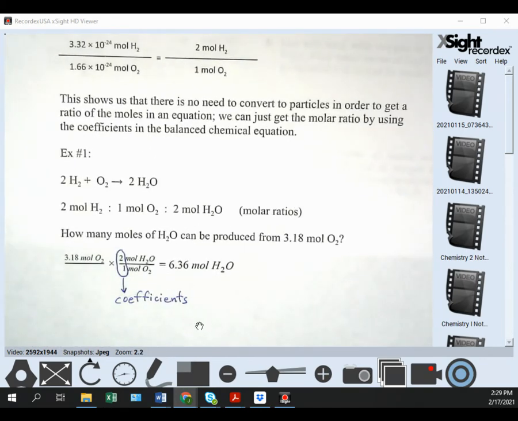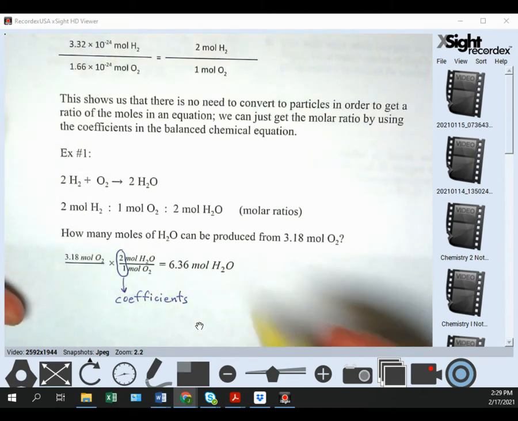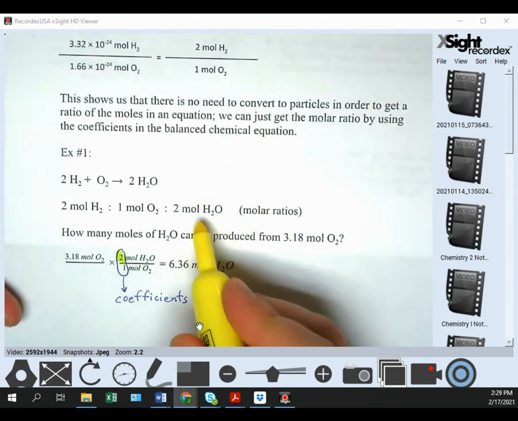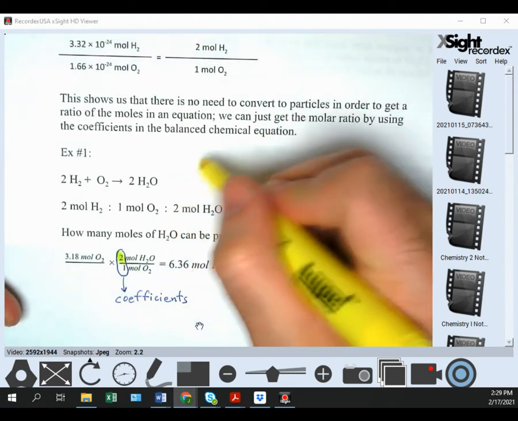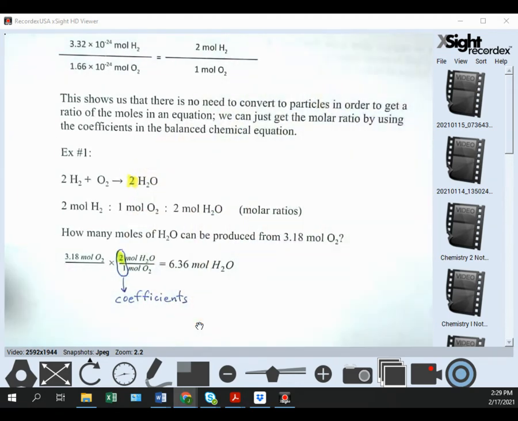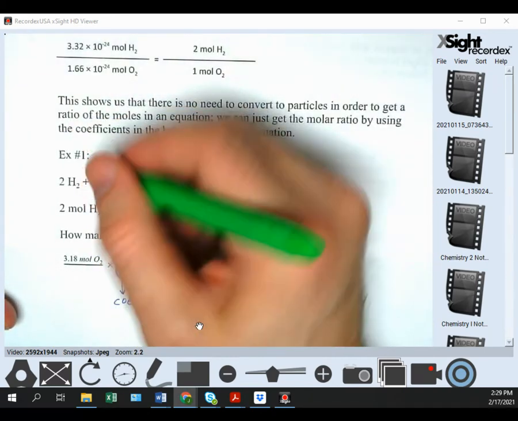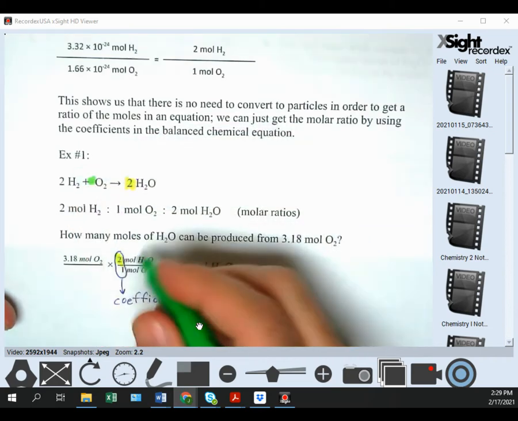So if you look, what's in front of H2O in the balanced equation? The 2. Right? So that's where the 2 there comes from. If we look, what's in front of the O2? Well, in front of O2, there's nothing, which is 1.